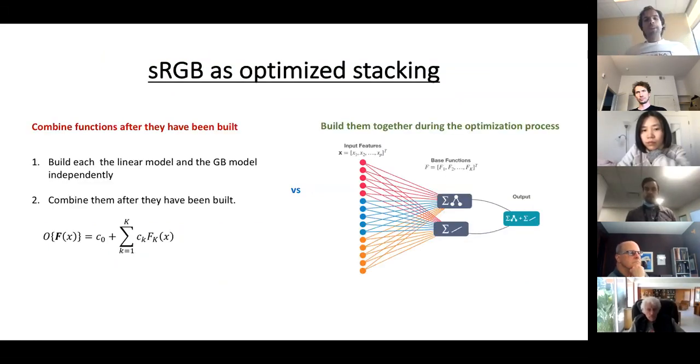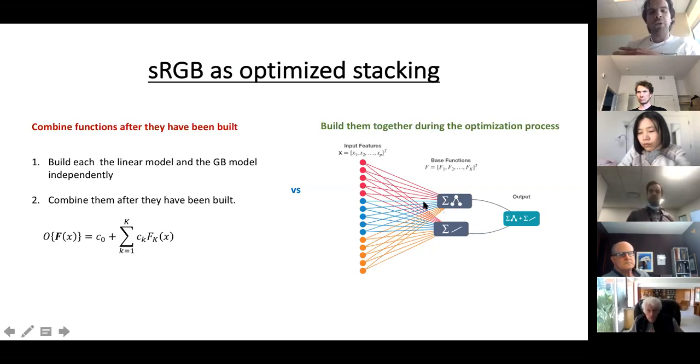Okay, so now the application that I think is the hook, the most important part, is: can you actually gain something by optimizing the functions together instead of optimizing them separately? For this experiment, we know that trees are really good at modeling interactions but bad at modeling linear models, and vice versa, linear models cannot model interactions.